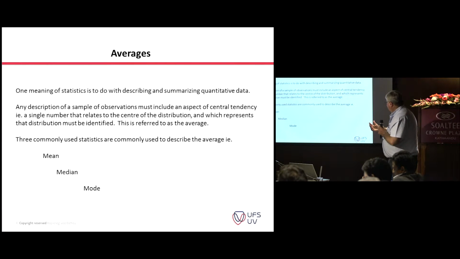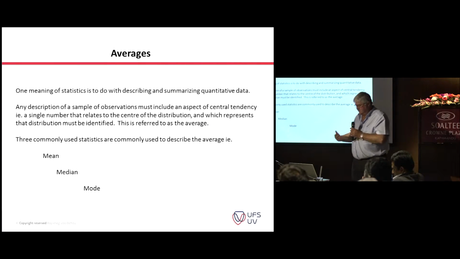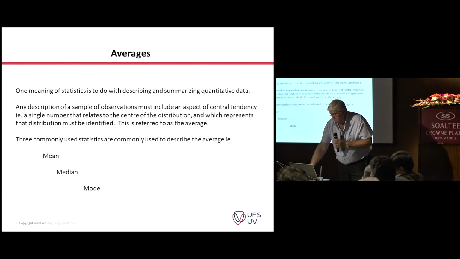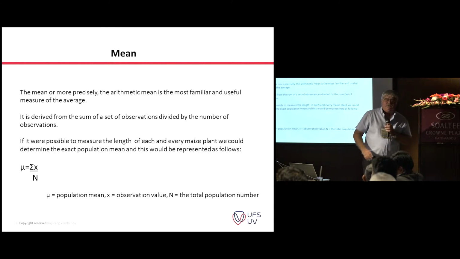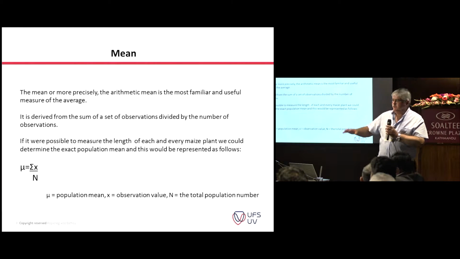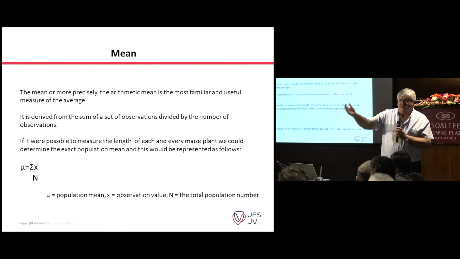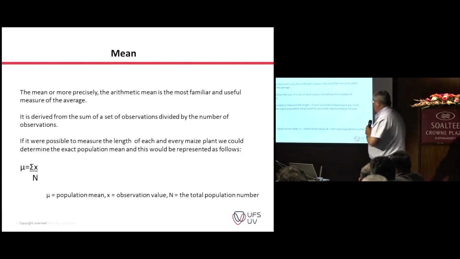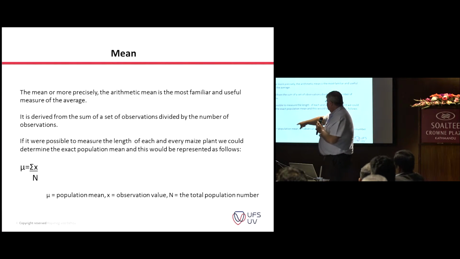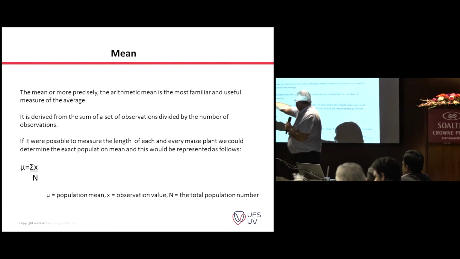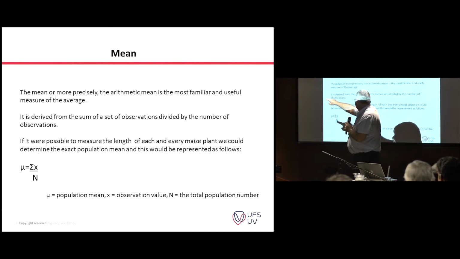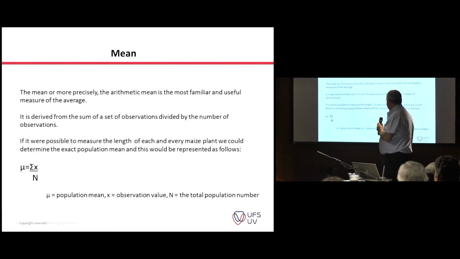We call that an average, and the one that we generally use in statistics is the mean. What I'll do is take all the heights of the people in this room, add them together, divide by the number of people, and I will have a mean. So the population mean is the sum of all divided by n.